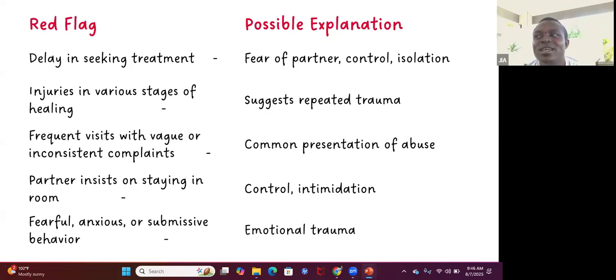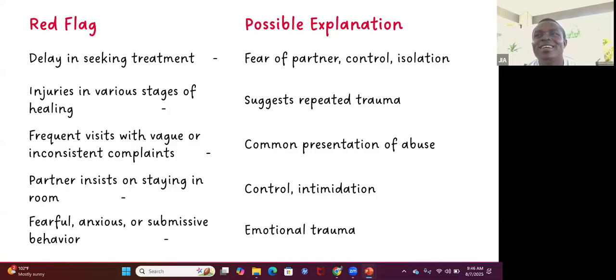It could be that maybe the abuser has told the wife. So let's say the abuser is the man. Most of the times the abusers are men. Not all at times, but most of the times. So let me pick it that way.